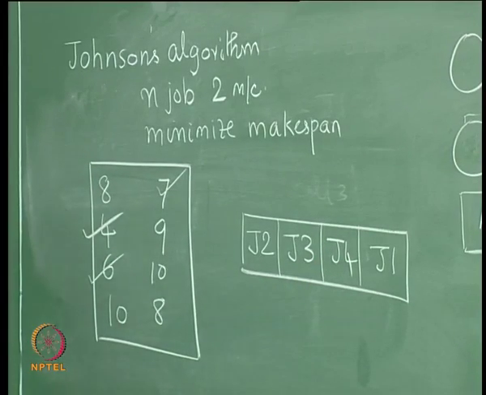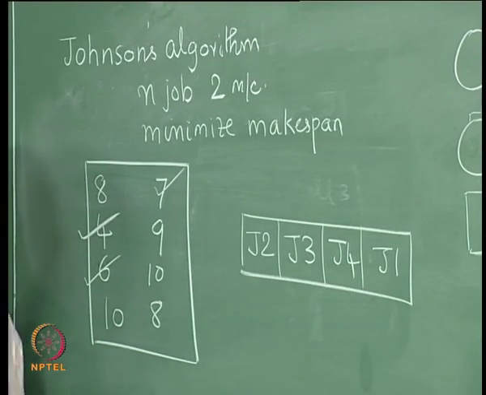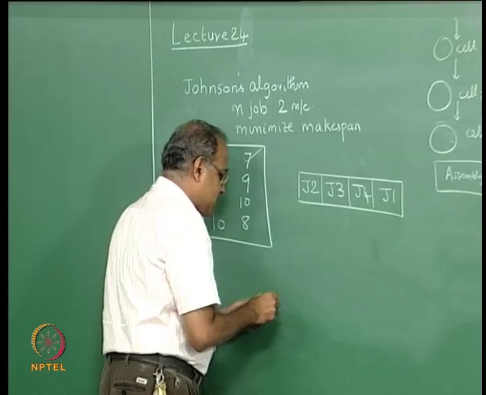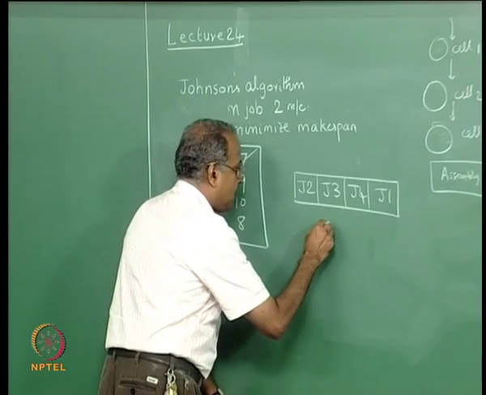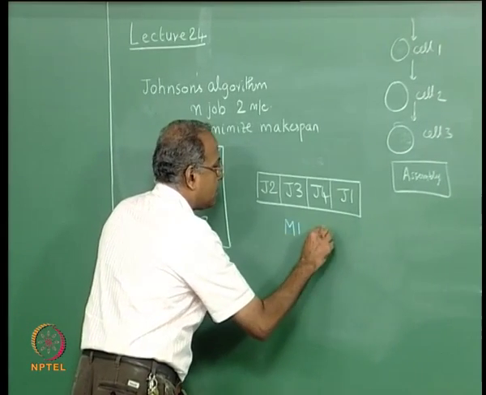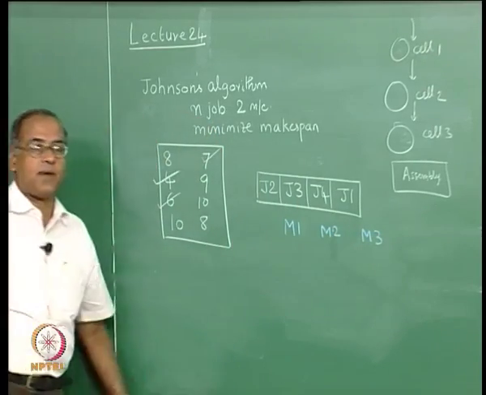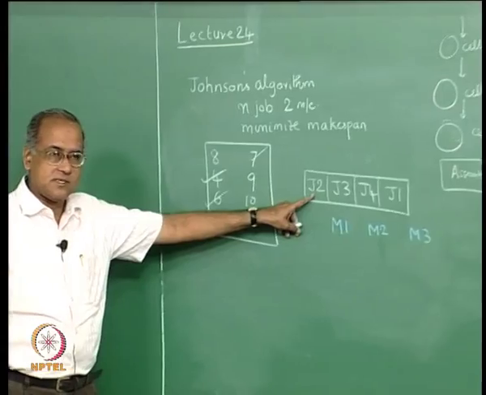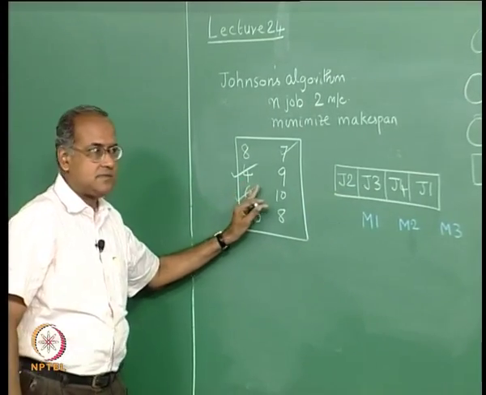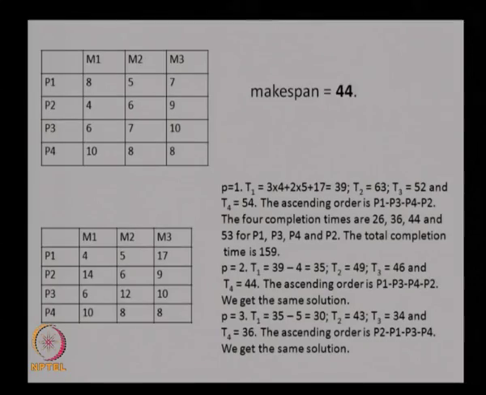Very quickly, the completion times for this particular sequence, we have to do this very carefully. Now we go back to M1, M2 and M3. We now apply this sequence not on this data, but on the other data that is given.